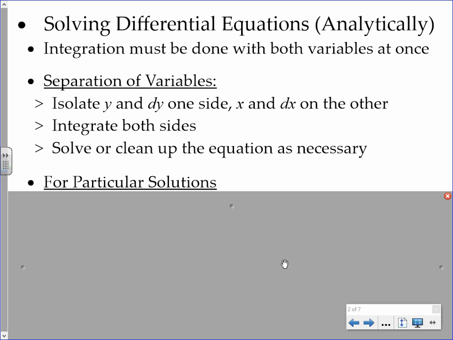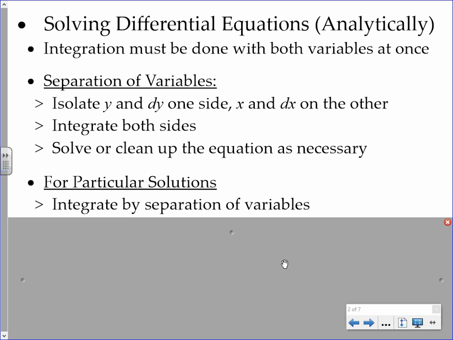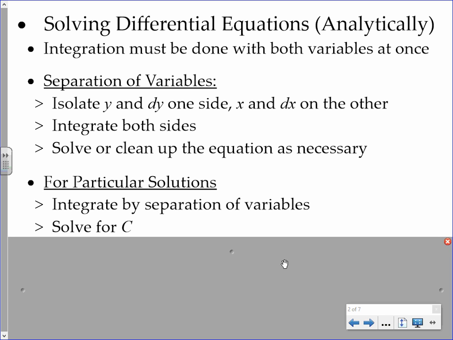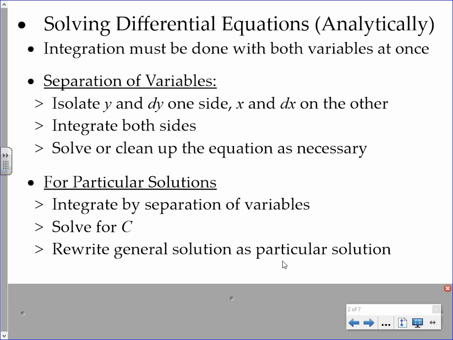We could actually find what c is. So if I ask you for a particular solution, then you're going to do what you did before. You're going to integrate with separation of variables, but then you're actually going to find what c is and write the solution with that value of plus c.